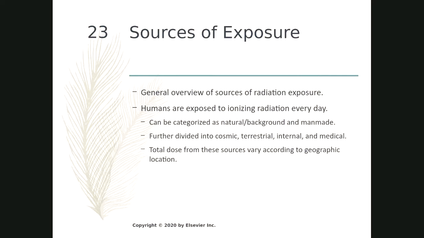And then you also have medical sources like our x-rays, whether it's a dentist or medical x-rays, nuclear medicine studies. When you think about the total dose that patients get from these sources, it all varies according to their geographic location. So we get exposed to ionizing radiation in little doses every single day.